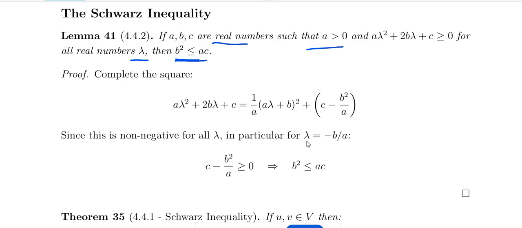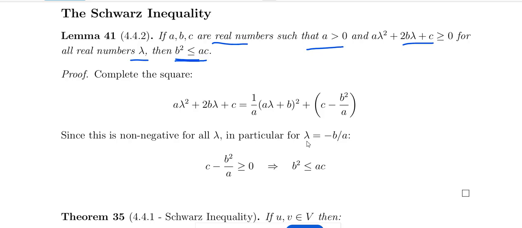we need b square, right? So 1 by a times a lambda plus b whole square plus here c is there, and actually b square by a is needed, so minus b square by a. So this is non-negative, already given that this is non-negative.